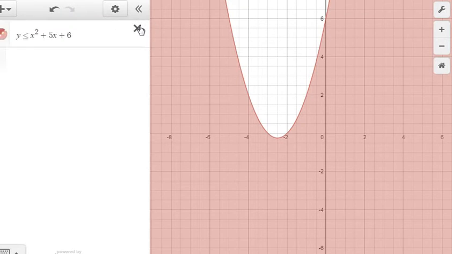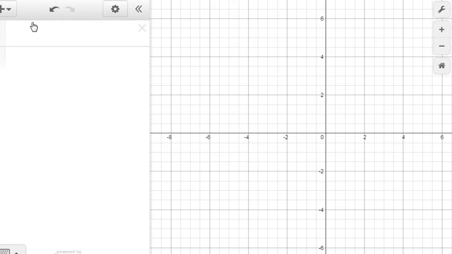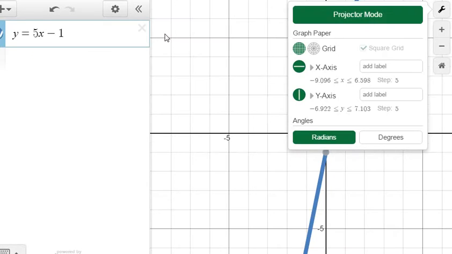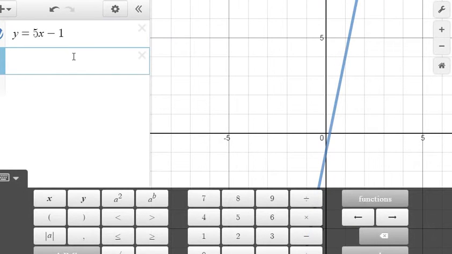So on the one hand, we've got y equals 5x minus 1. Let's make that a little darker here for the projector. And this is kind of cool, I can cheat here in Desmos.